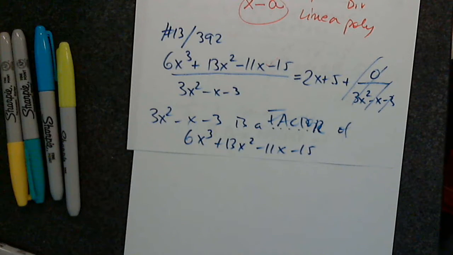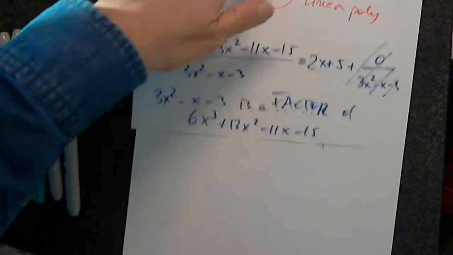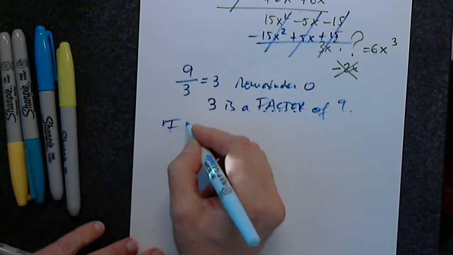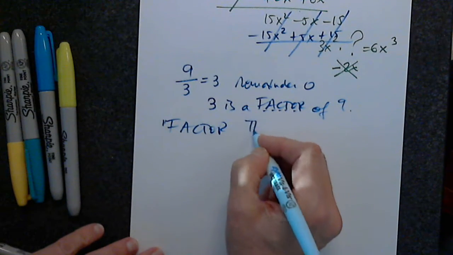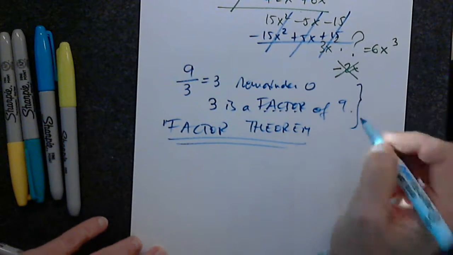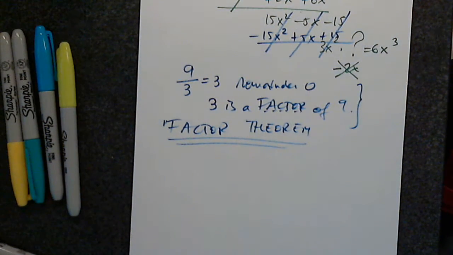For the same reason why 3 is a factor of 9, because 9 divided by 3 has remainder 0. This is called the factor theorem. If the remainder of a division is 0, then what I divided by is a factor of the top.